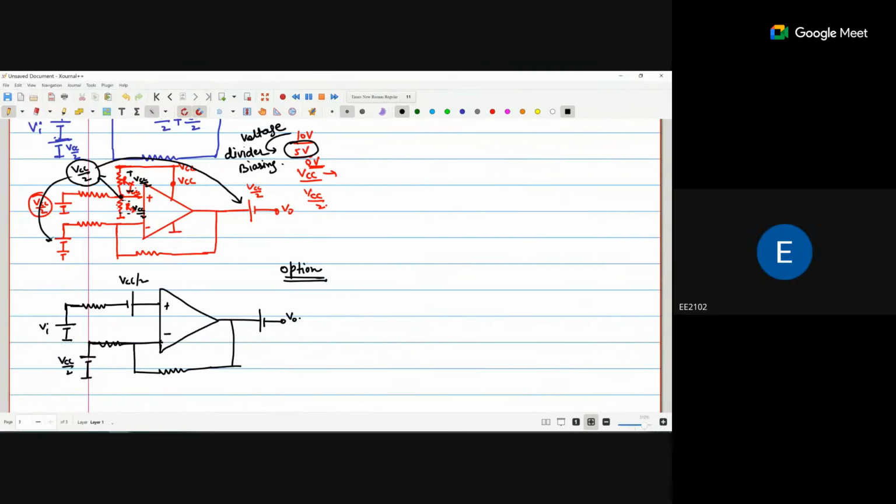But the problem with the battery is that you connect VCC by 2 plus VCC by 2, and you connect a ground. That means minus VCC by 2 plus VCC by 2. The problem is that you convert this 220 volt directly to 10 volt and apply it here.